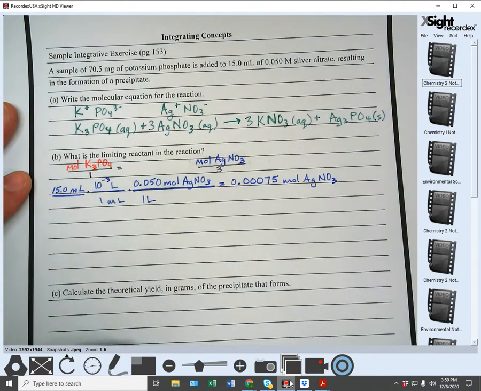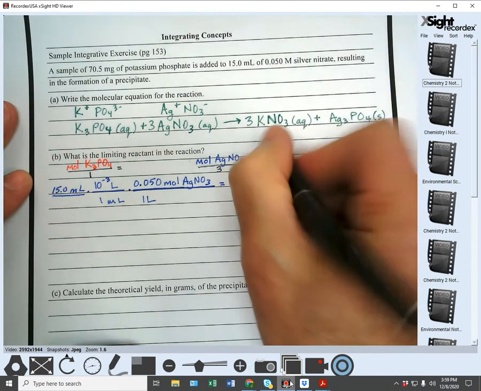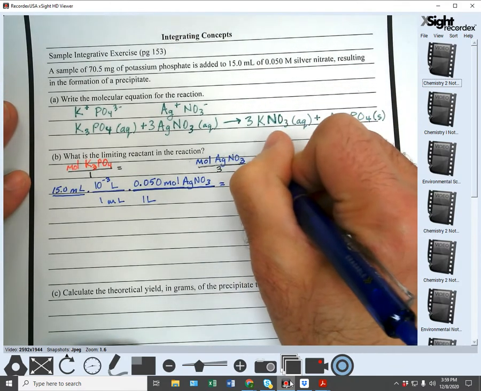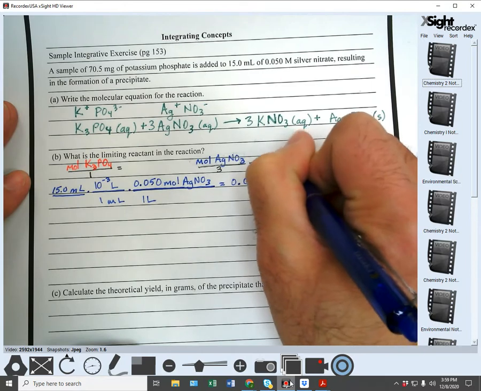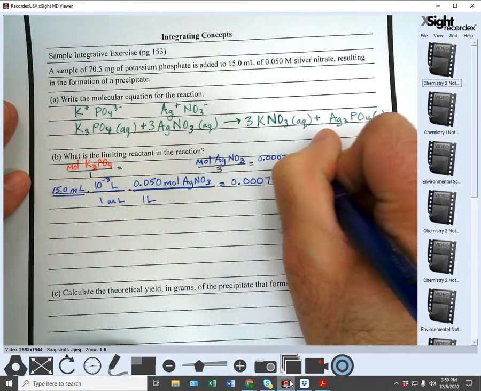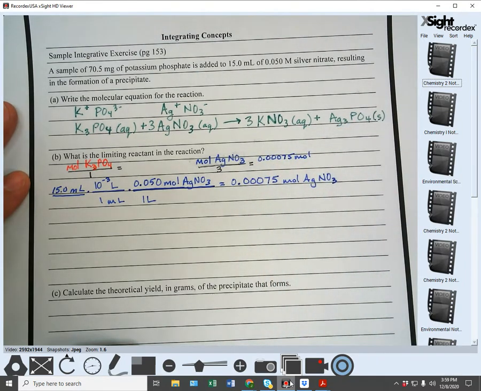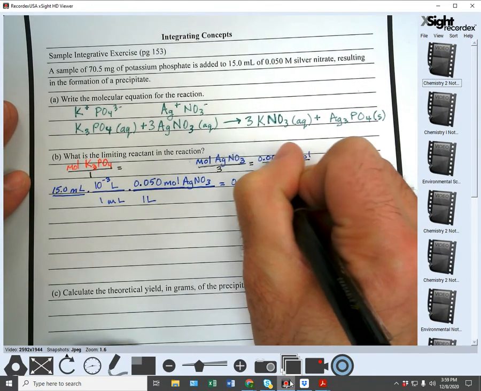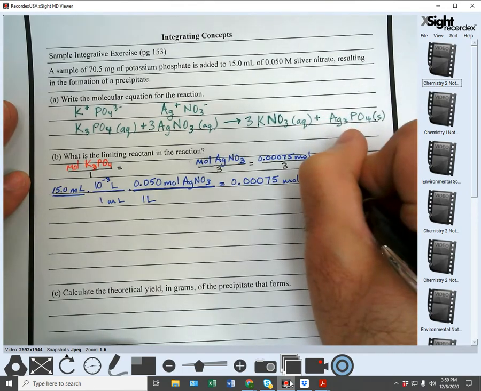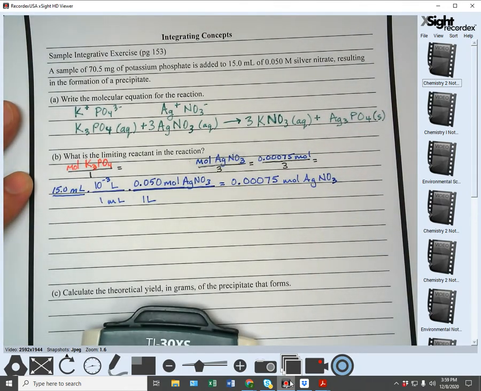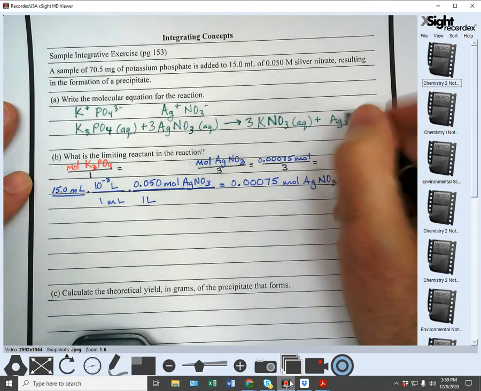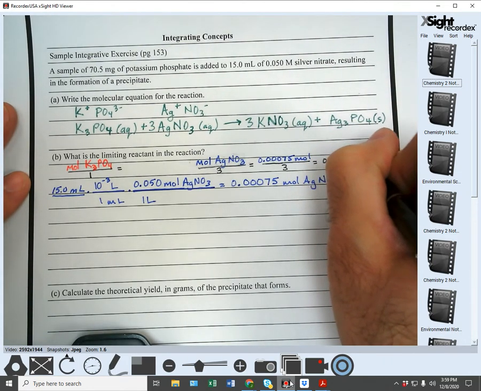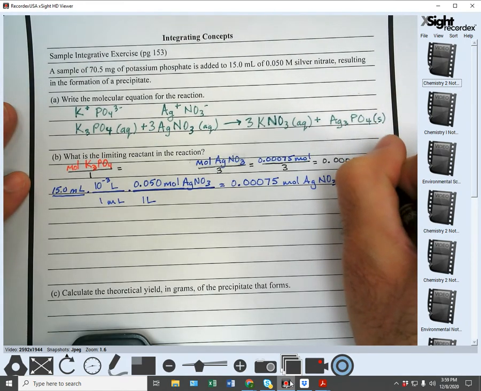All right, so that is going to go up here. Divided by 3, which is going to give us 0.00025.